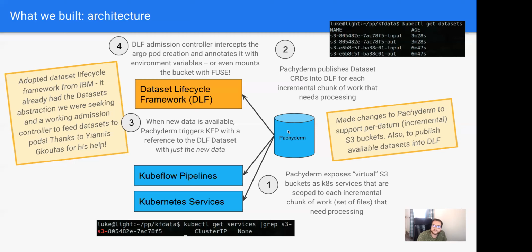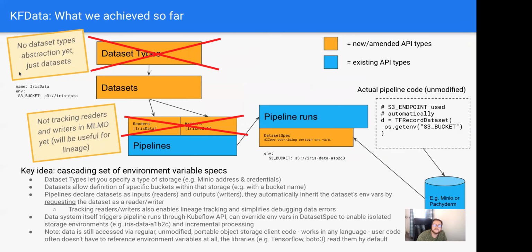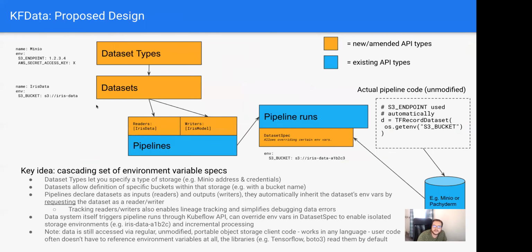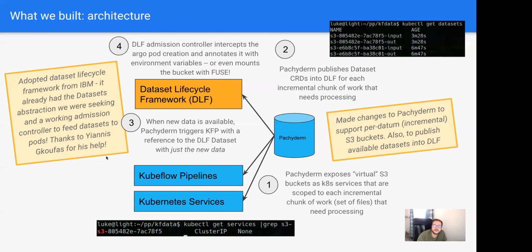It's worth talking for a minute about the dataset lifecycle framework. When we started this project, we thought that we were going to be implementing this dataset stuff ourselves, but fortunately, we discovered the dataset lifecycle framework from IBM. And huge thanks to Yanis from IBM, who's helped me a lot on this project.